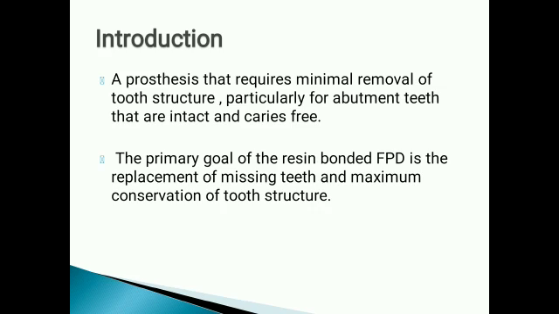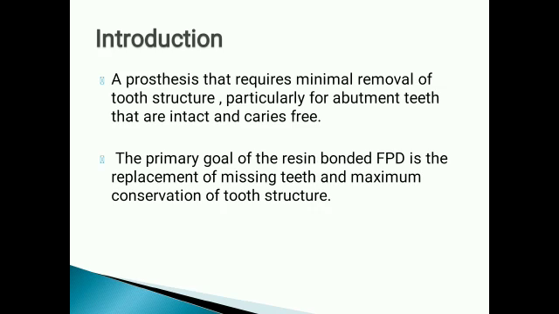Basically, these dentures consist of one or more pontics supported by a thin metal retainer placed only on the lingual and proximal surfaces of the abutment. Retention in these prostheses relies on adhesive bonding between etched enamel and the metal casting, a process that requires minimal removal of tooth structure, particularly of abutment teeth that are intact and caries free.